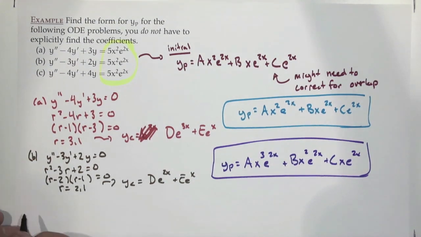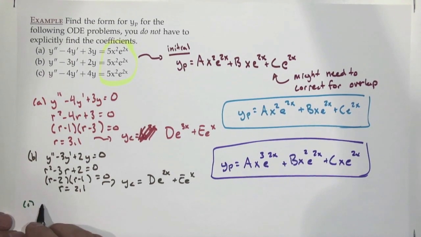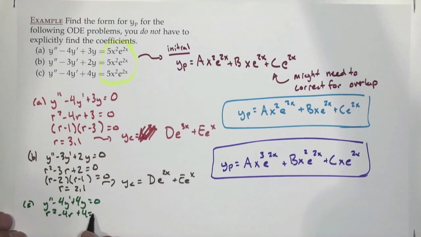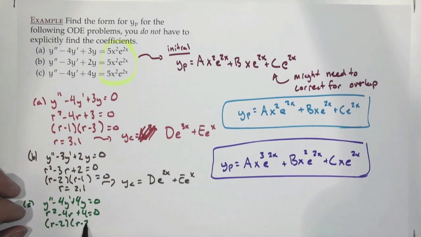Part C. y double prime minus 4y prime plus 4y equals 0. Well, okay, you probably can guess where this is going. Does it factor? r squared minus 4r plus 4. Yeah, r minus 2 times r minus 2.